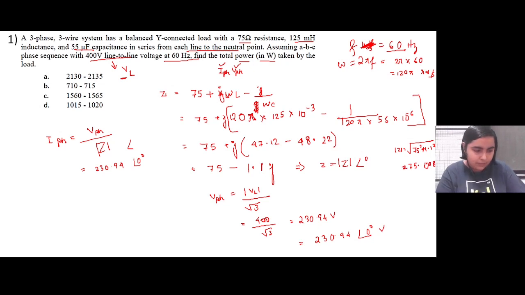Now the angle, let's calculate. Theta will be tan inverse of 1.1 by 75, and from that you can calculate the cos part and the sine part.